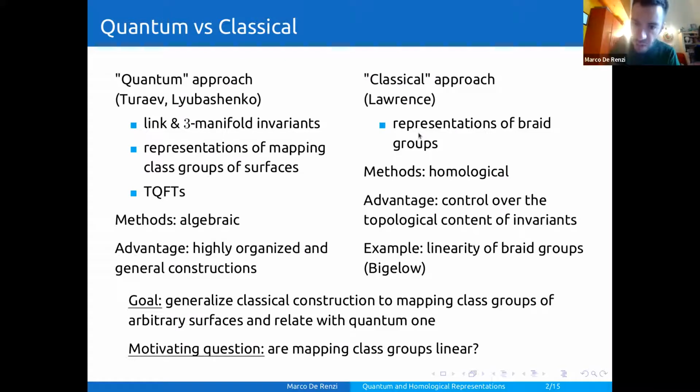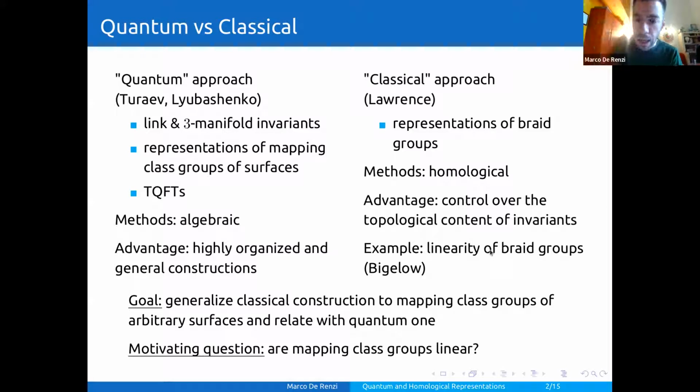The advantage of the approach of Lawrence is that it allows us to retain control over the topological content of the invariants we obtain. This allows for spectacular results, like for instance, the proof by Bigelow that braid groups are linear, right?